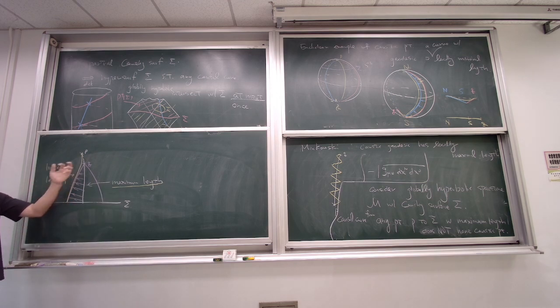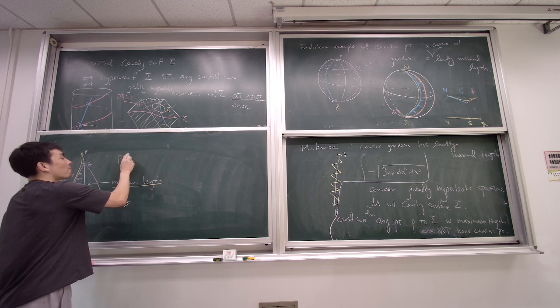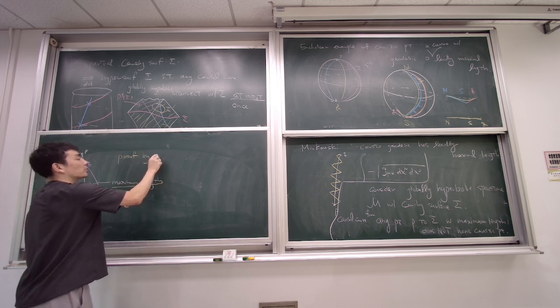But if you have a focal point, if you shift white to purple and smooth this kink, the yellow one has a longer length. Therefore the assumption fails, leading to a contradiction. So you cannot have a focal point. It's a proof by contradiction.